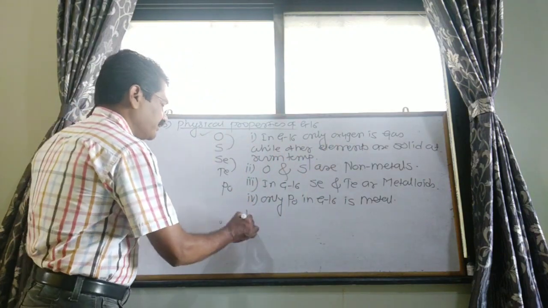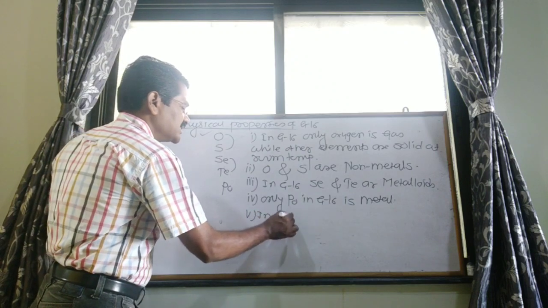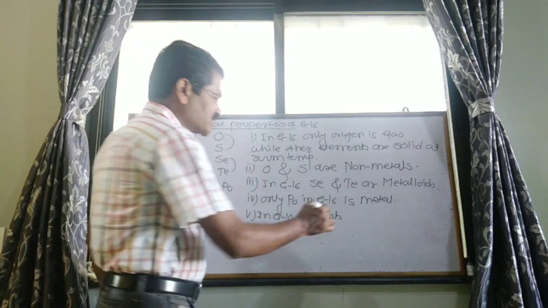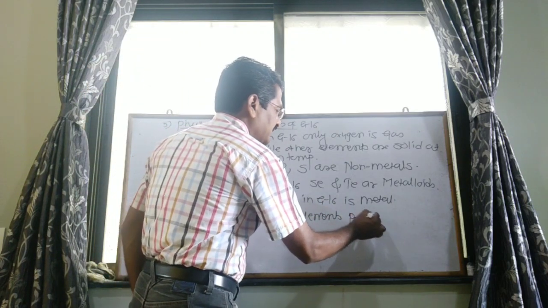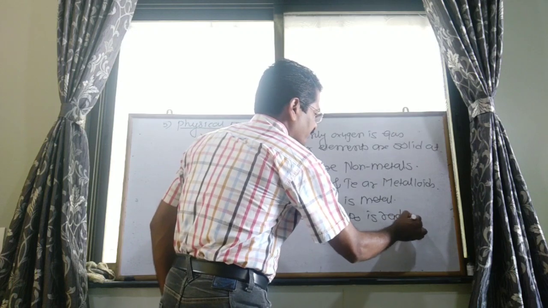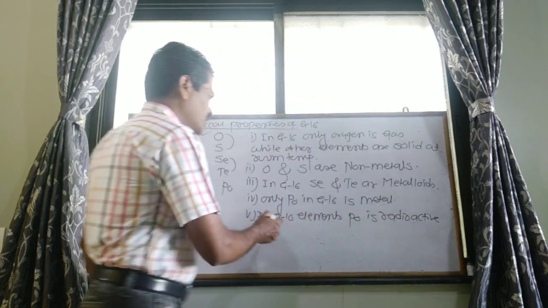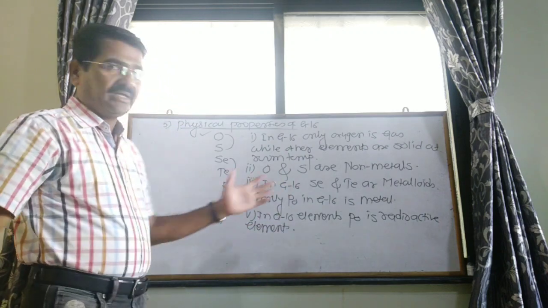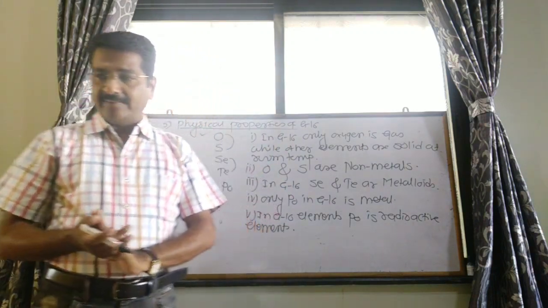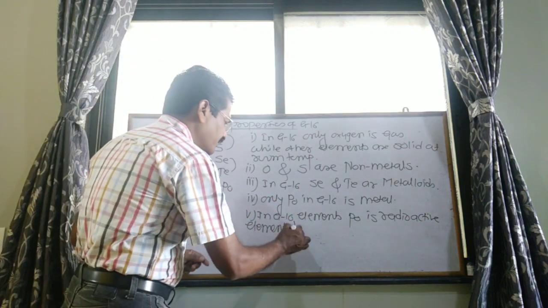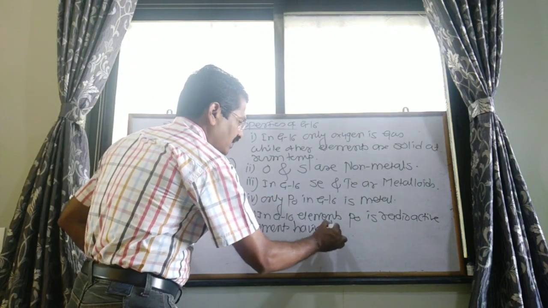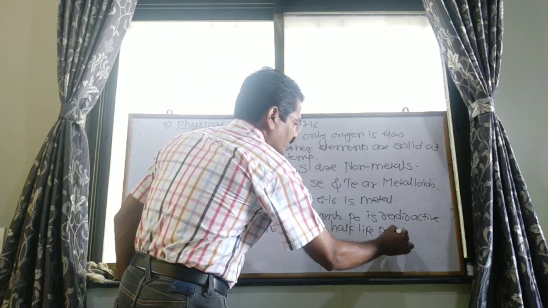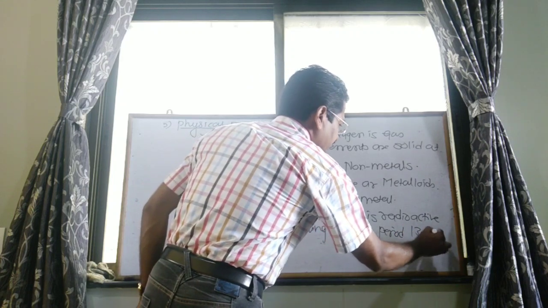In G16 elements, polonium is a radioactive element having a half-life period of 13.8 years.